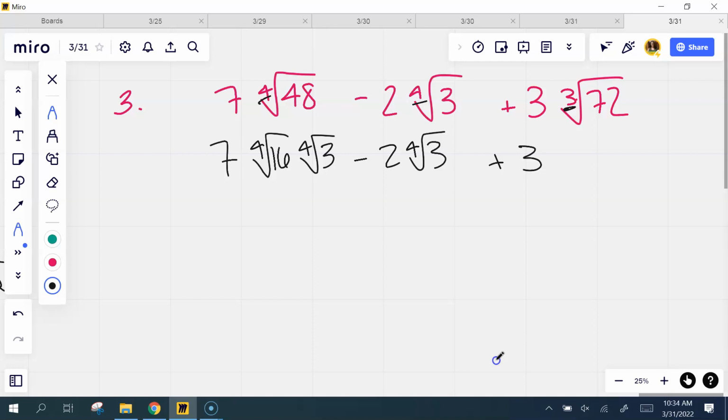Third root 8? Yes, you're right. I'm sorry, 8 and 9. This is a 3rd root, not a 4th root. So don't let it throw you because it threw me.